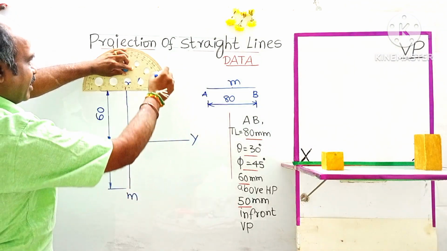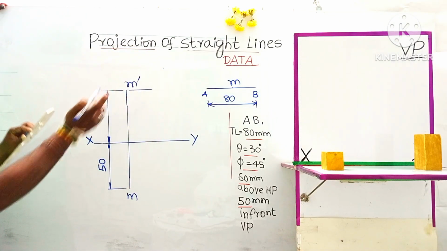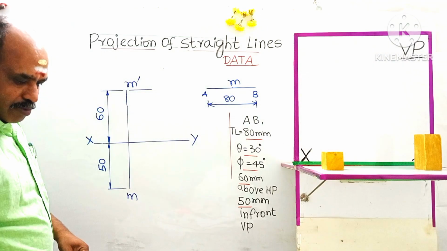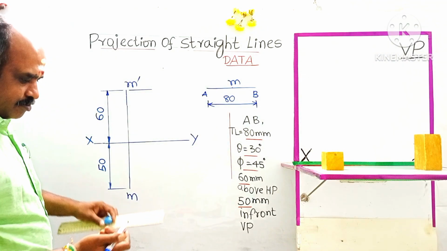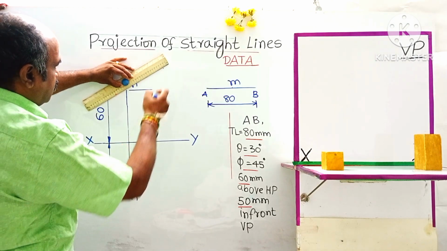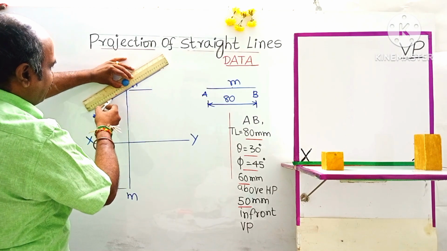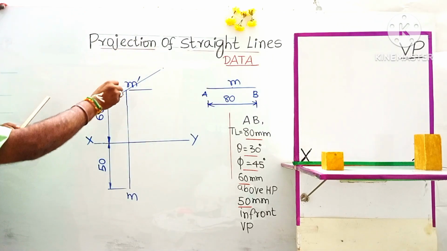Theta is given as 30 degrees, the true inclination with HP. HP will always come above the XY line. So join the marked points using a freehand scale. Extend on the other side of the line also in reverse.